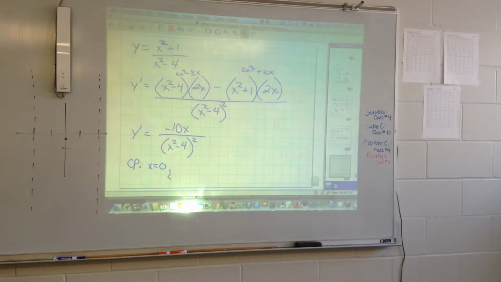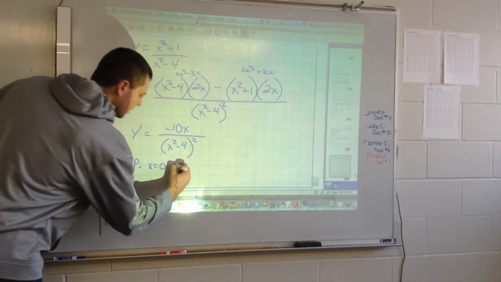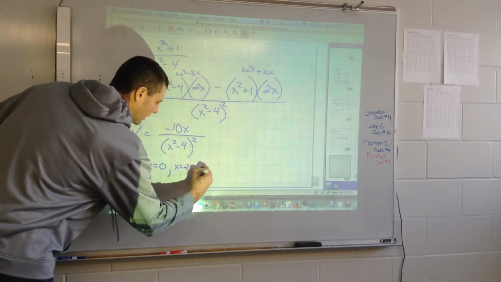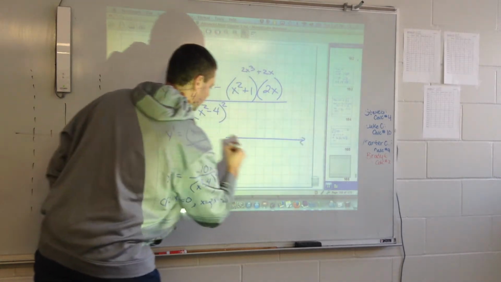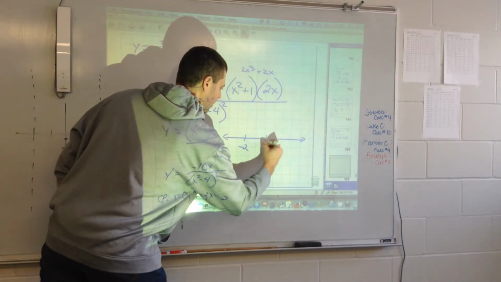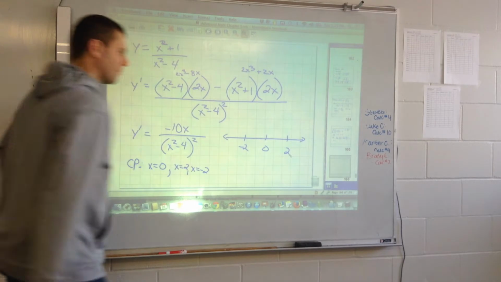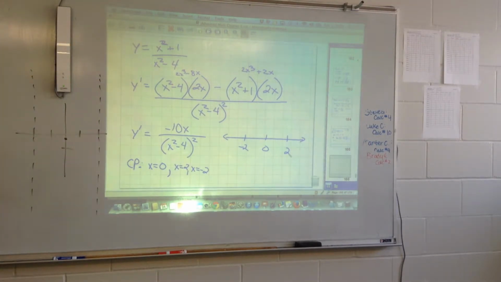So when x equals 0, x equals 2, and x equals -2. So on our number line here, those are our critical points.